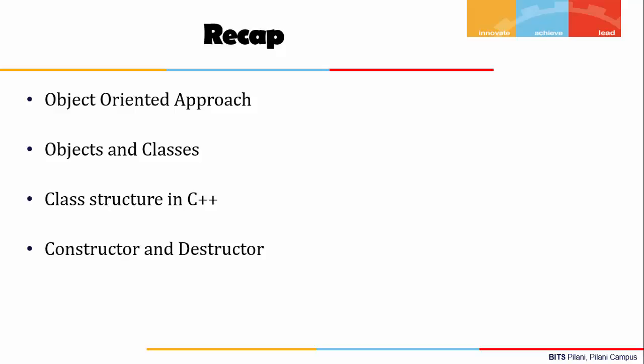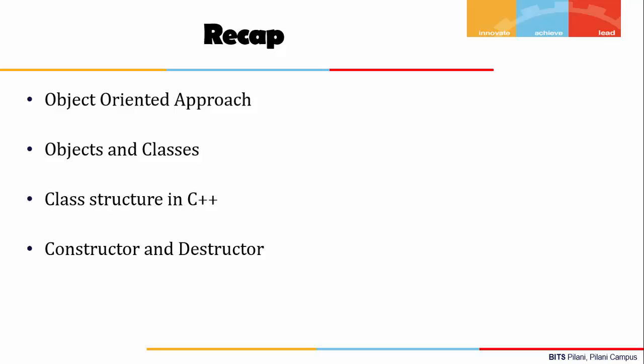We have seen the structure of a class. Then finally we learned about the constructor, a special type of subroutine to create objects from a class. Similarly, the destructor is a special member function of a class, which is executed whenever an object of its class goes out of scope or whenever the delete expression is applied.